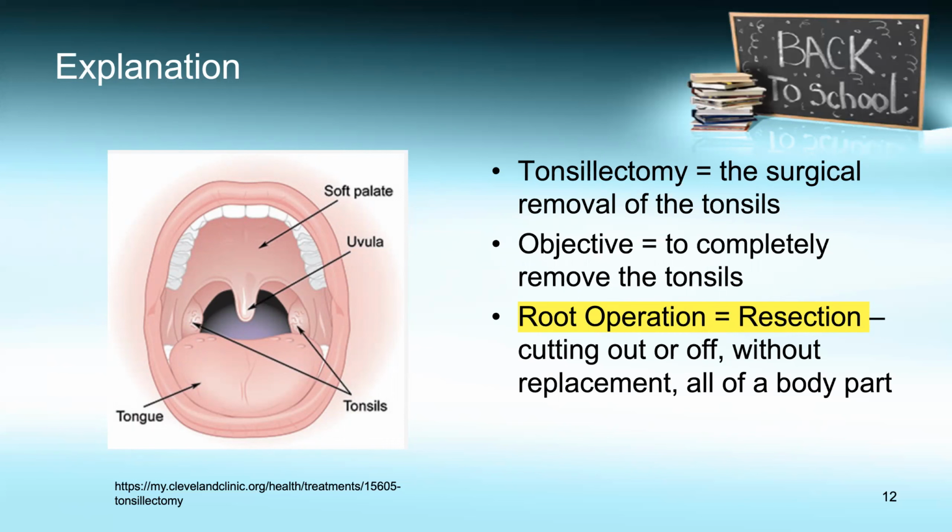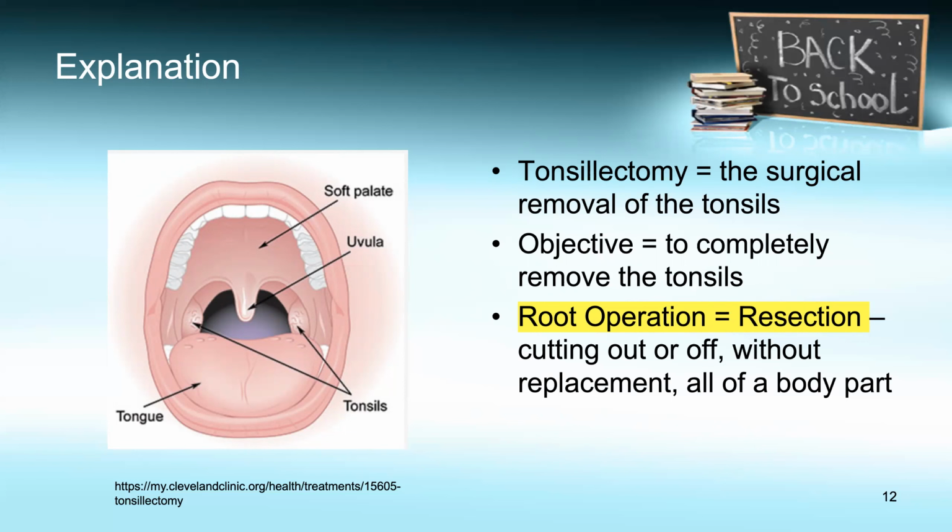Those details are going to be in your procedure note. For the sake of this scenario, we're calling this a total tonsillectomy. So they're completely removing the tonsils. So the objective is to remove the tonsils, and then your root operation is going to be resection.